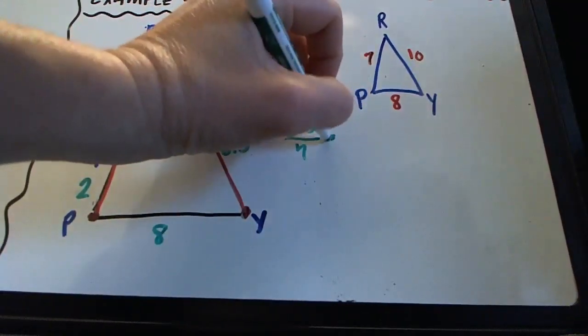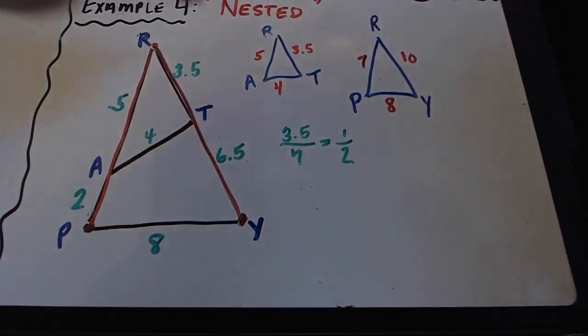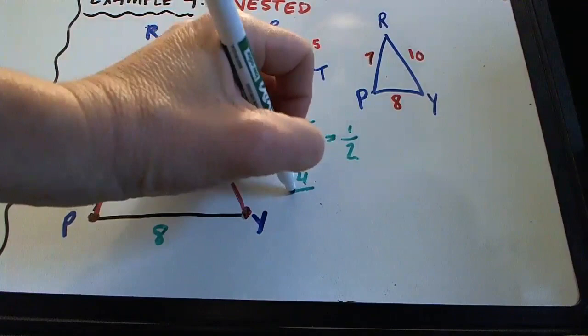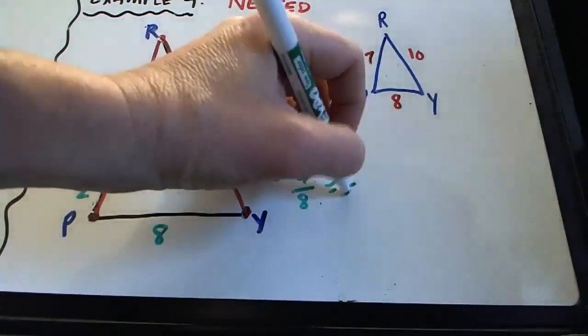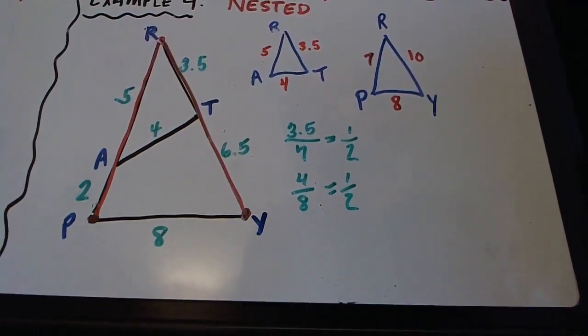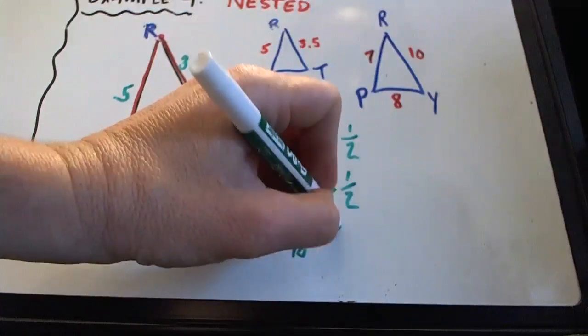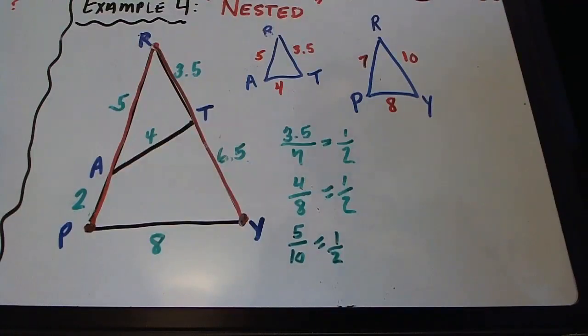So I know that's going to reduce to 1/2. I can take my middle side, which is 4, and my middle side length here is 8, and that also is going to give me 1/2. And then I'm going to take large to large, which is 5/10. Okay, my next set of side lengths here. So that's going to give me 1/2. So absolutely, these triangles are similar.